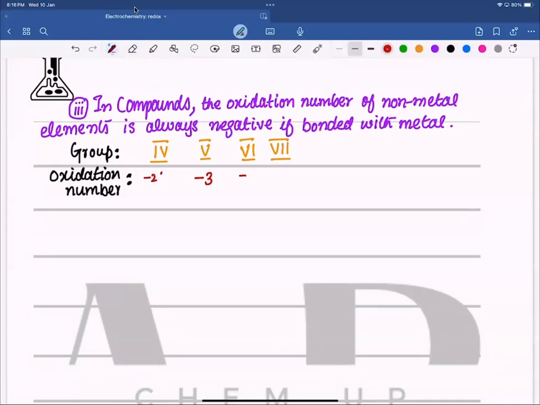Okay, it is usually from -2. Group 6 has -2 and group 7 has -1 in most of the cases. Is this clear?